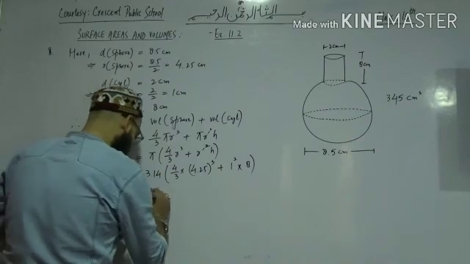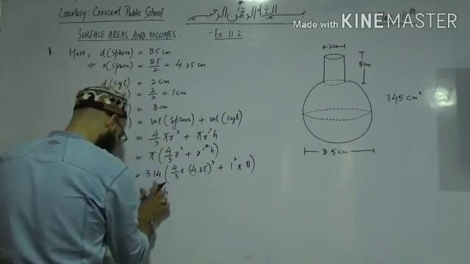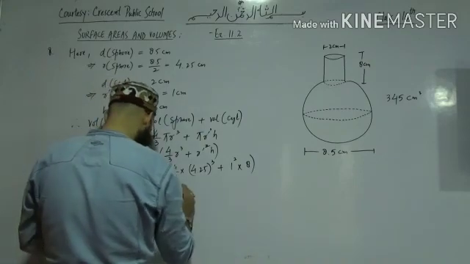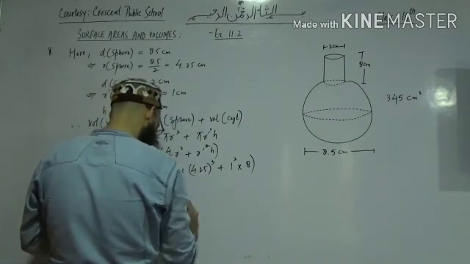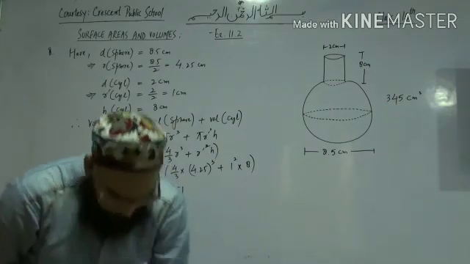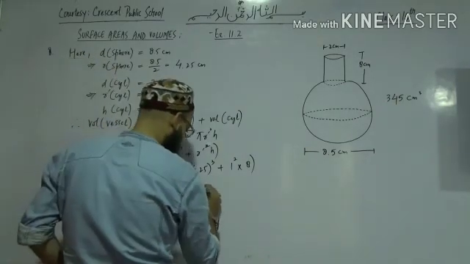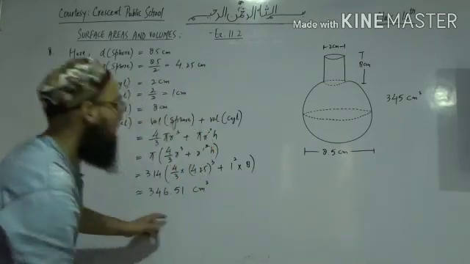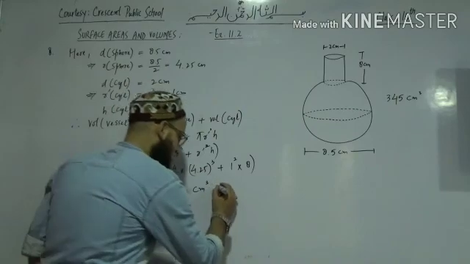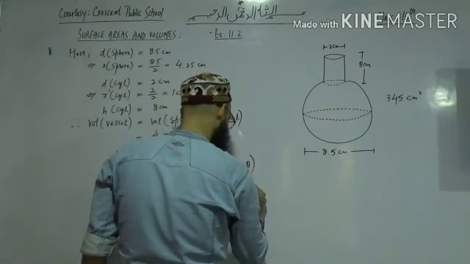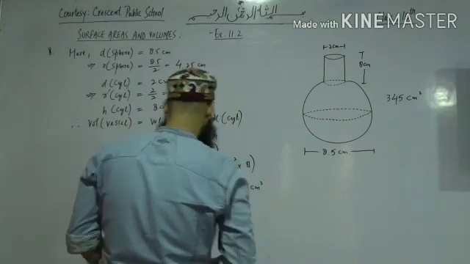You get approximately 346.51 cubic centimeter, which is not equal to 345 cubic centimeter.